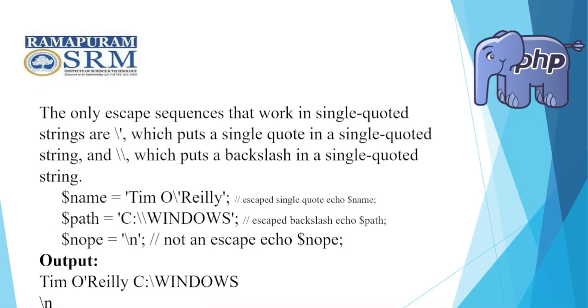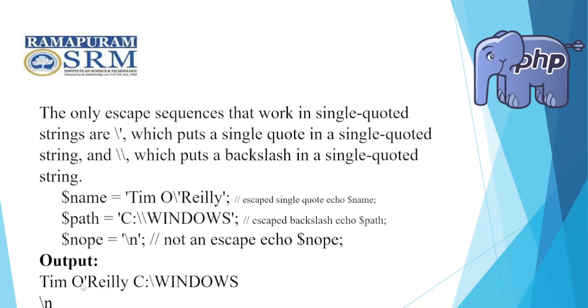The second thing is that single quotes are used mainly with escape sequences. If you want to define some special character, you can use escape sequences. For example, the output will be Tim O'Reilly, but after the O you should have a single quote.